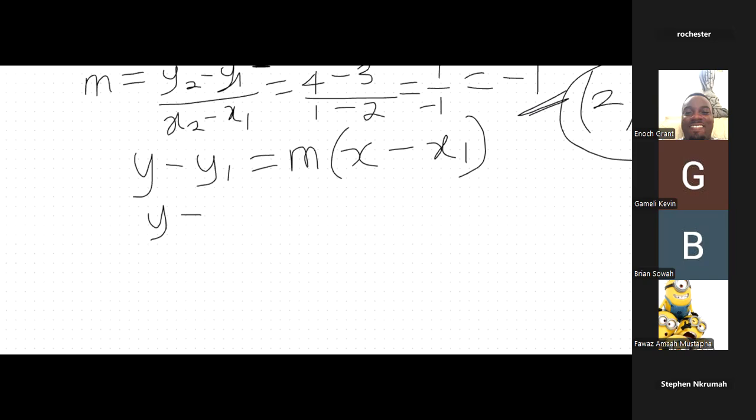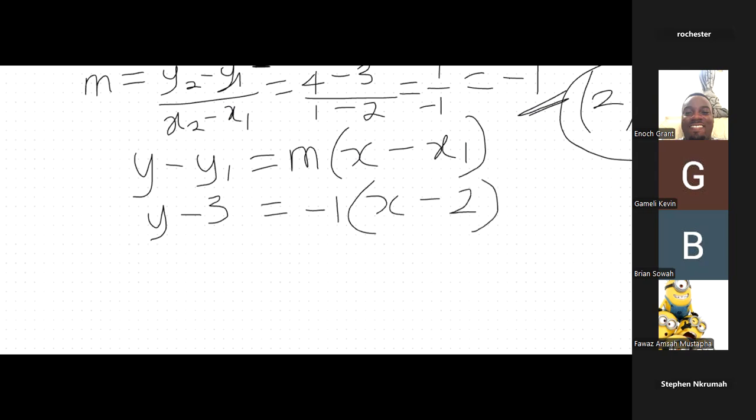Let me write that 3 well. Which is equal to our m. M is minus 1, so put minus 1 there. And then x minus x1, where x1 was 2, so you put 2 there.